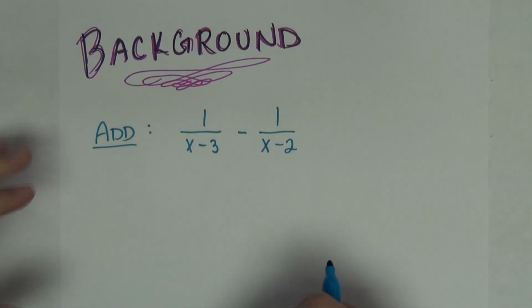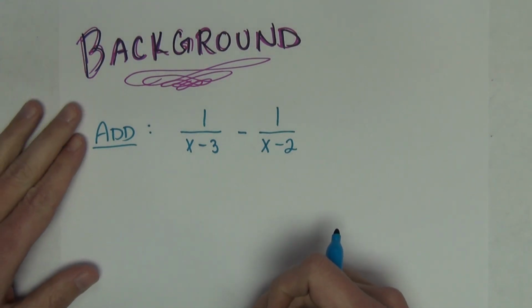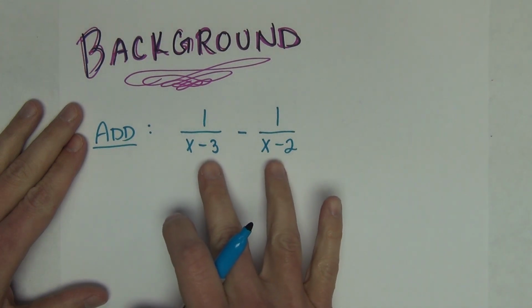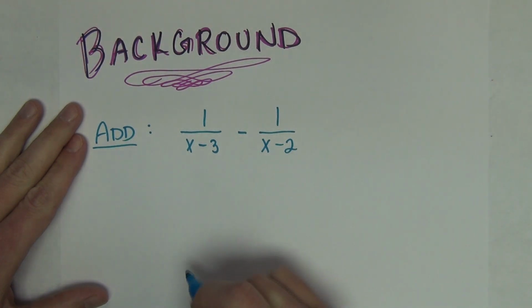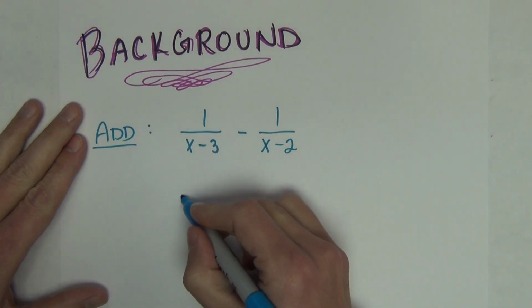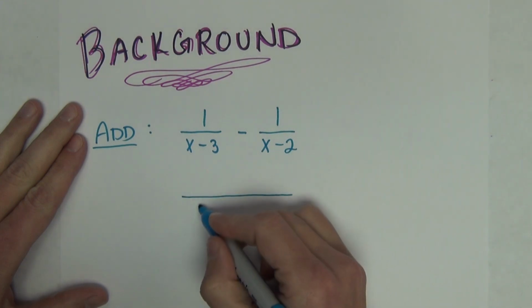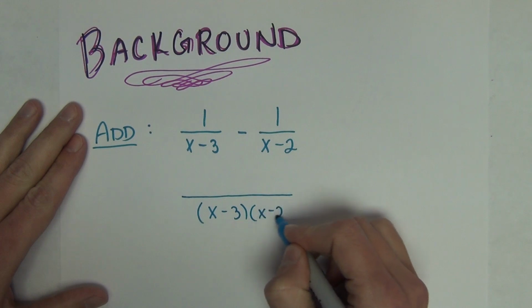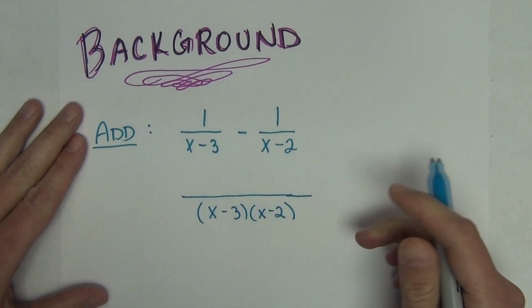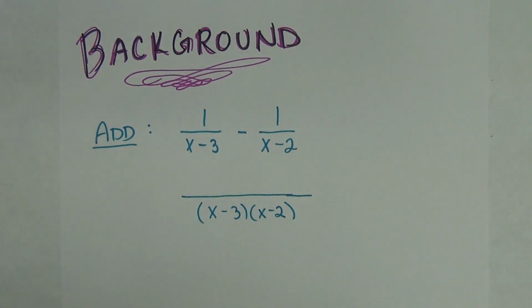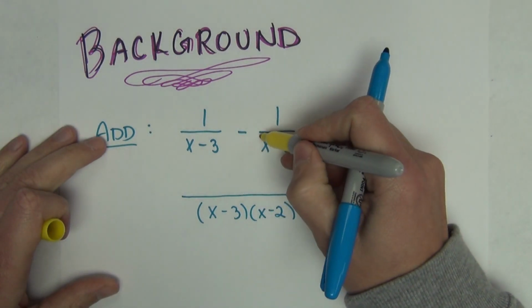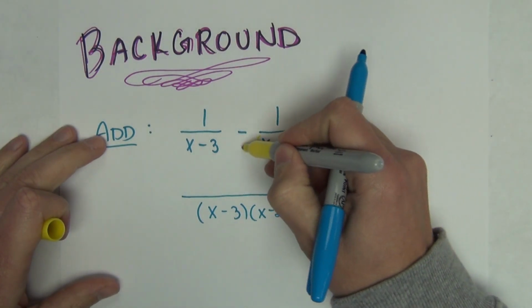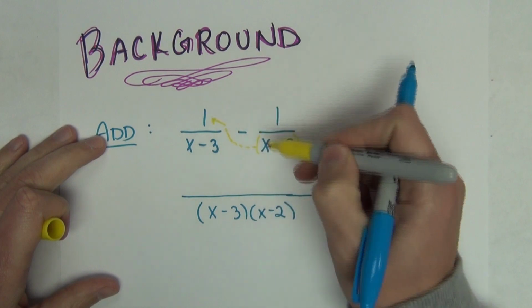We could, after a semester of studying college algebra, combine two rational expressions into one rational expression. We find a common denominator, which is x minus 3 times x minus 2. The x minus 2 denominator here will multiply across to this fraction.